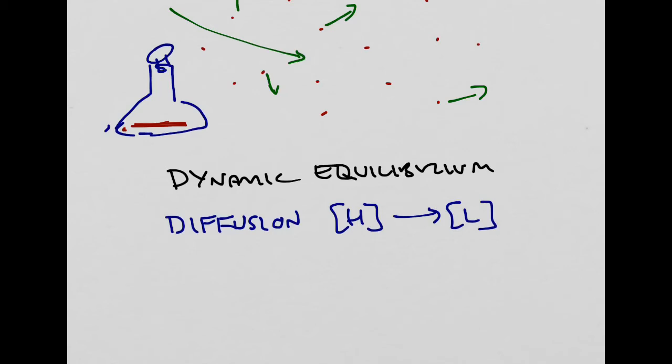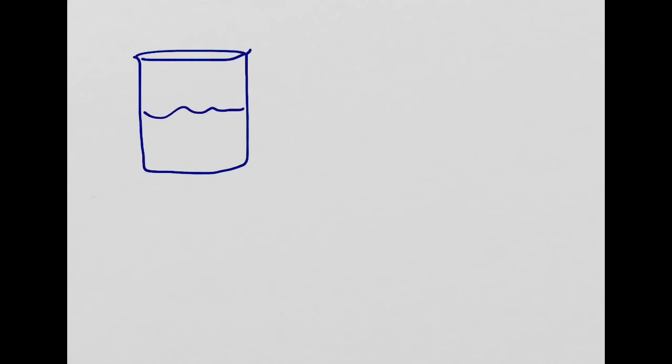So let's see how this connects to our discussion of cells. Let's go to another page here. Imagine this. We have a beaker. Oh, there's a couple more terms that I'm going to cover here. We have a beaker, and in this beaker there's a solution of water and, say, salt.